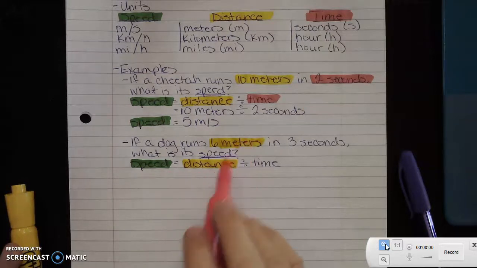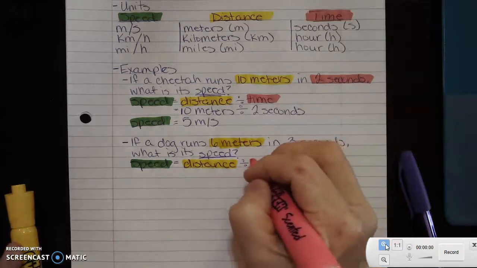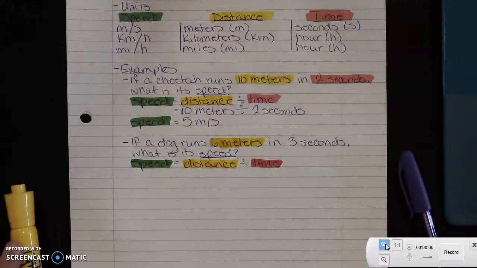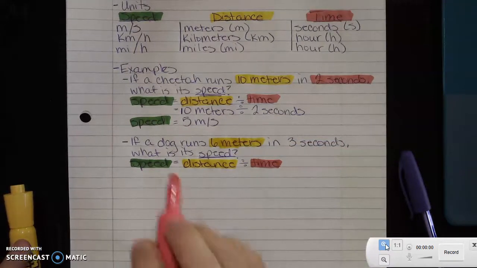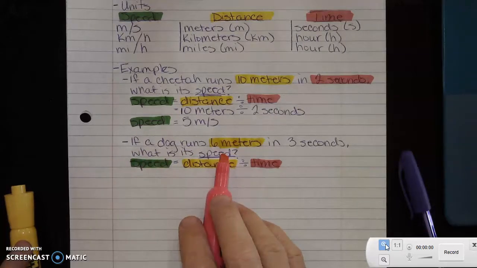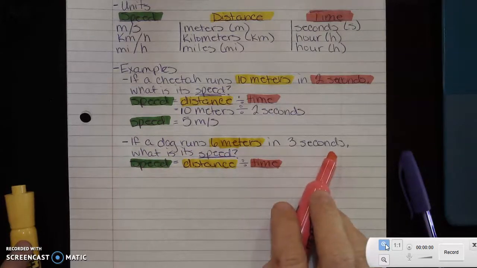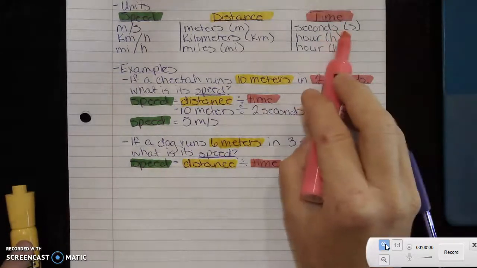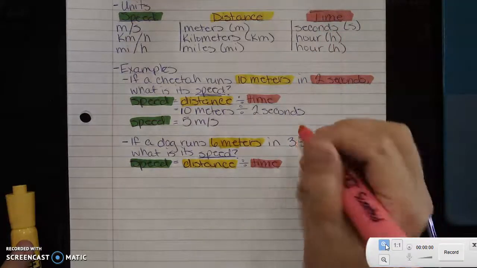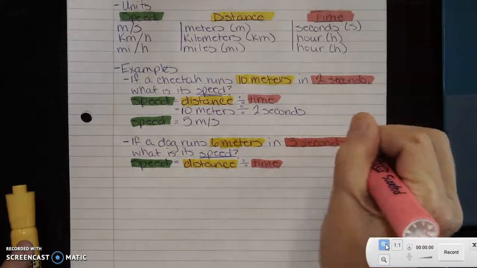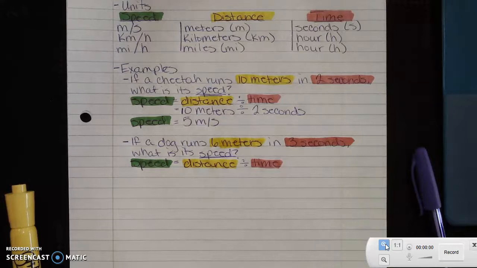Speed equals distance divided by time. So let's find in our word problem the time unit and highlight it in pink. If a dog runs 6 meters in 3 seconds, seconds is one of those time units we're familiar with. We're going to highlight 3 seconds in pink.